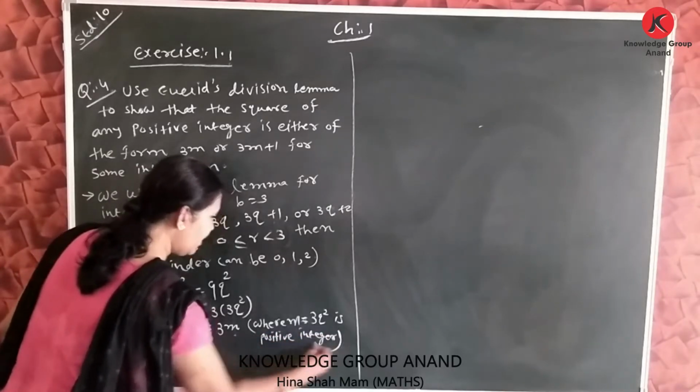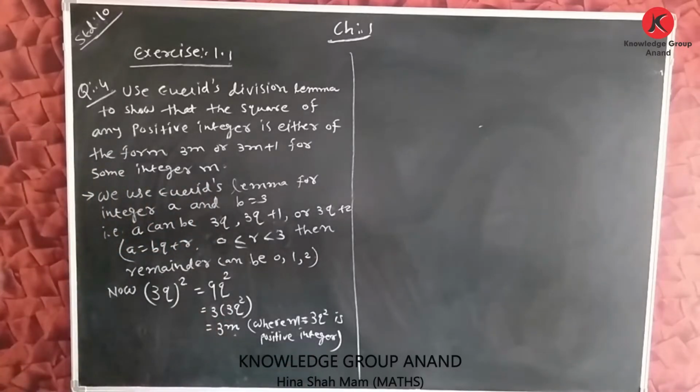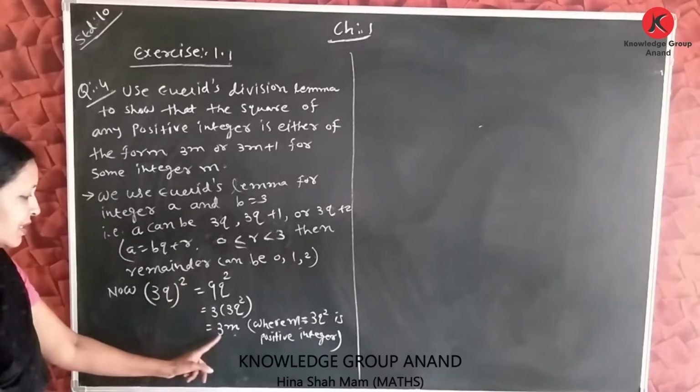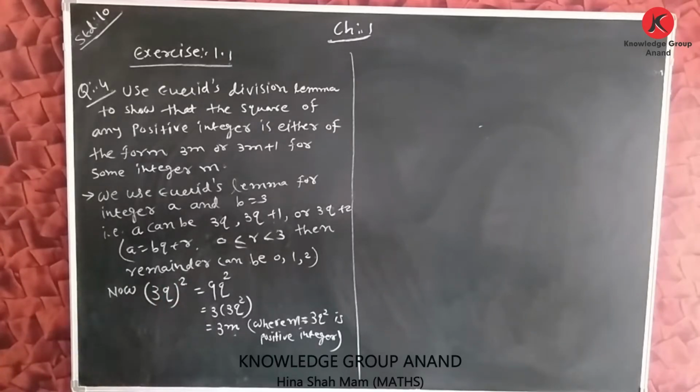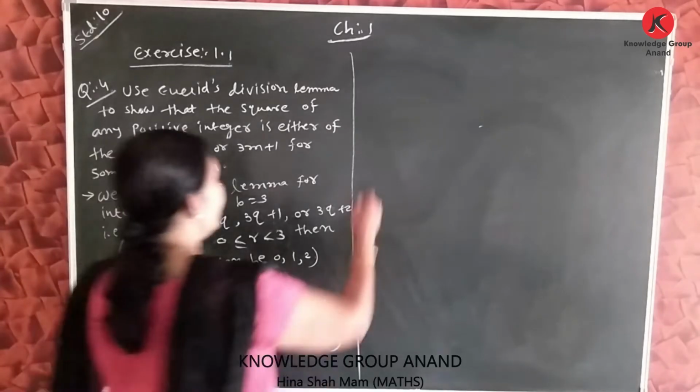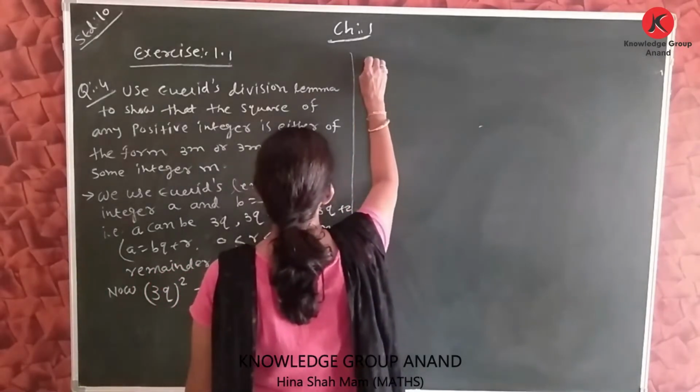We write here m is equal to 3q square. Therefore, the square of 3q, any positive number, is in the form 3m.